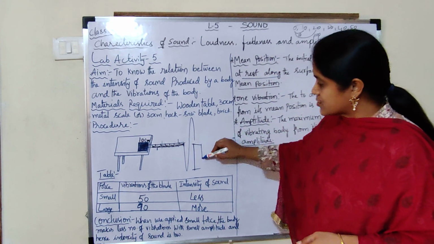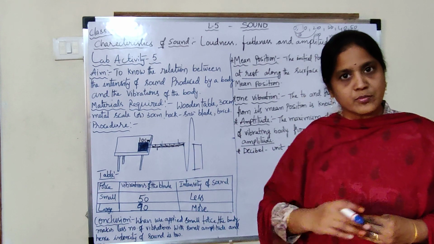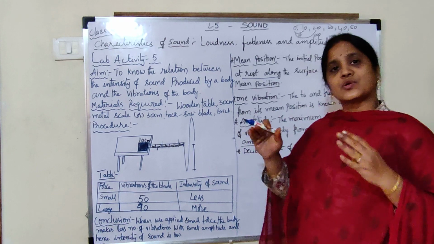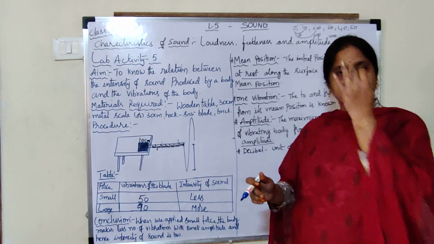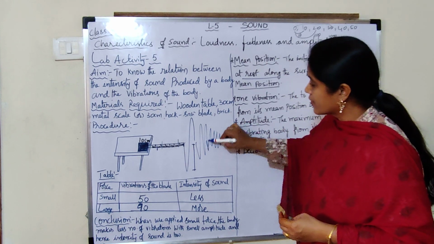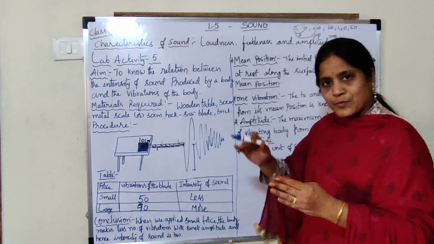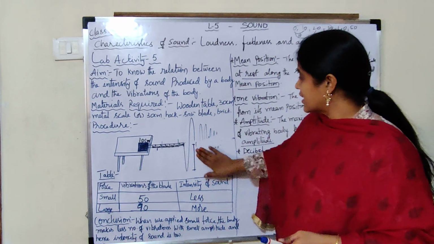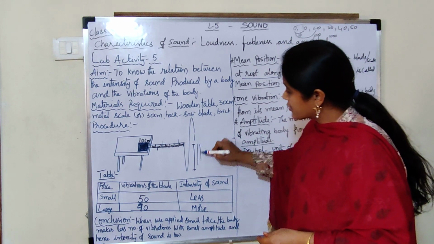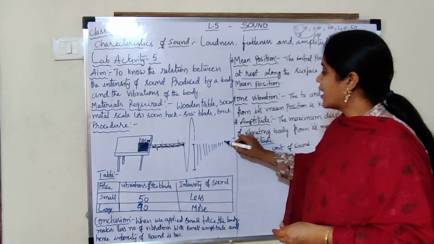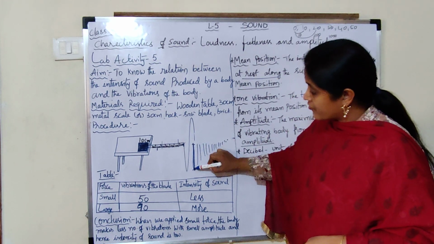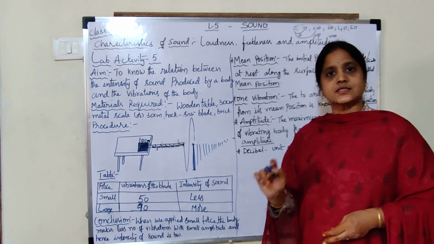So the maximum displacement of your vibrating body is known as amplitude. When it is vibrating, we will see the amplitude gradually decreasing, first time like this, next time like this. Gradually it decreases and finally it comes to rest. So the maximum displacement of your vibrating body is known as amplitude.